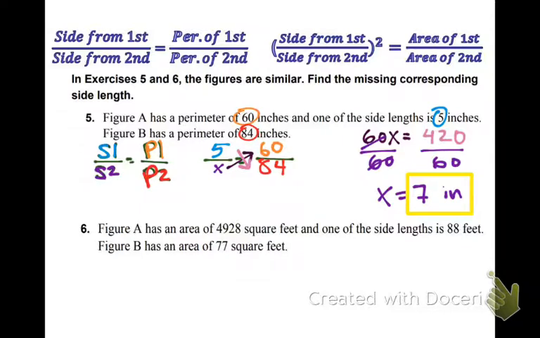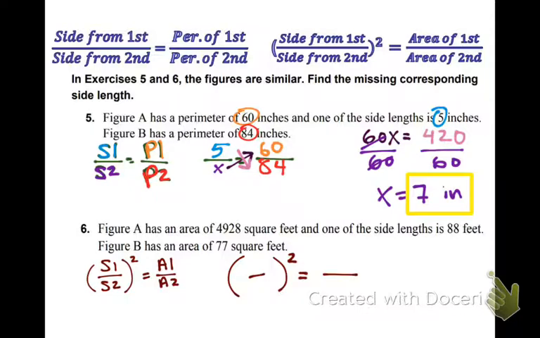All right, last one. Are we going to use perimeter or area? Area. So same formula, except for what's the only difference? The square. The sides are squared. All right, so what is the side from my first figure? 88.